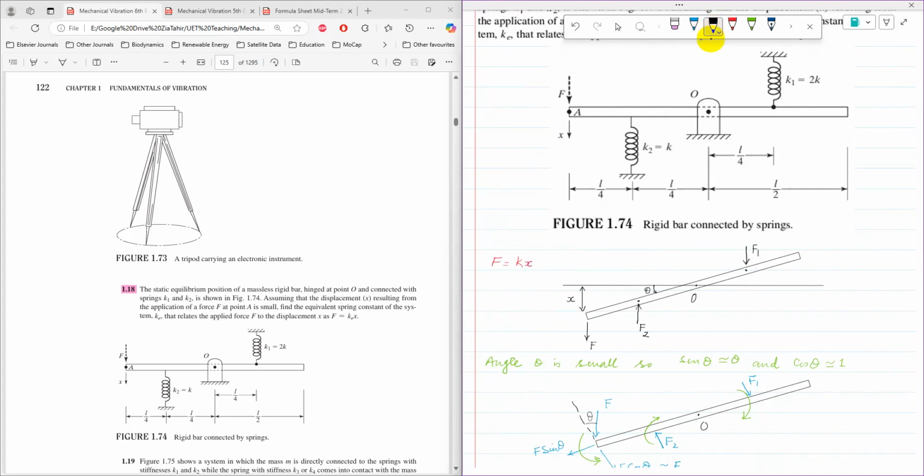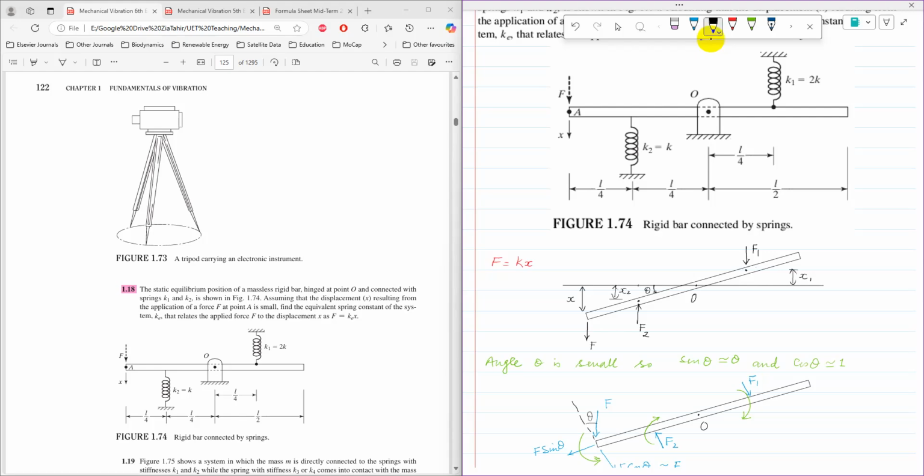So if we assume that the displacement for spring K2 is x2, so that displacement from this point to force is x2, and let's say this displacement is x1 and this displacement is x2.